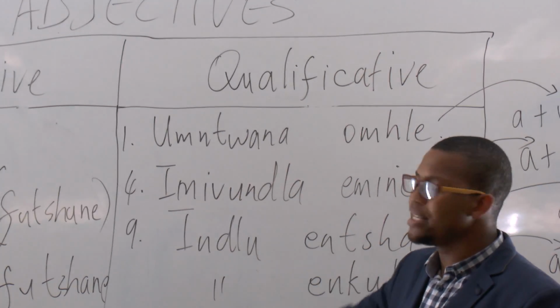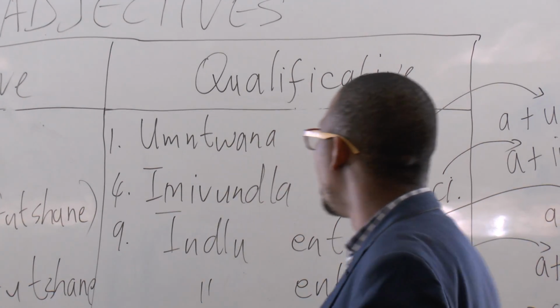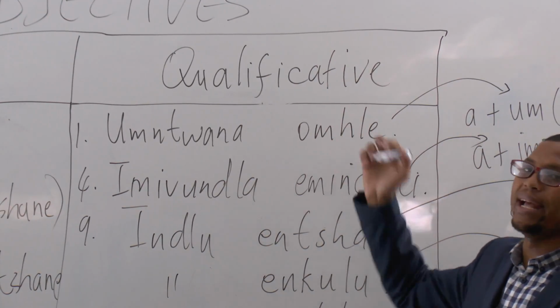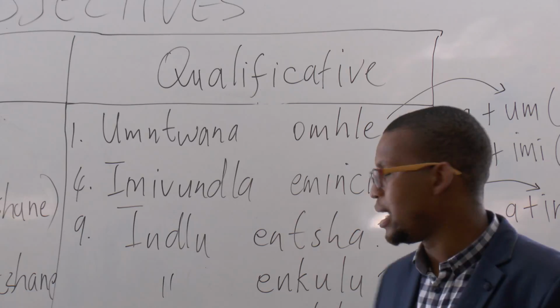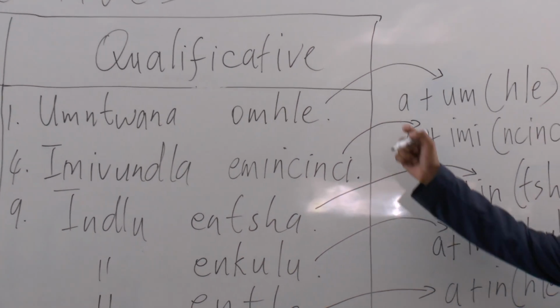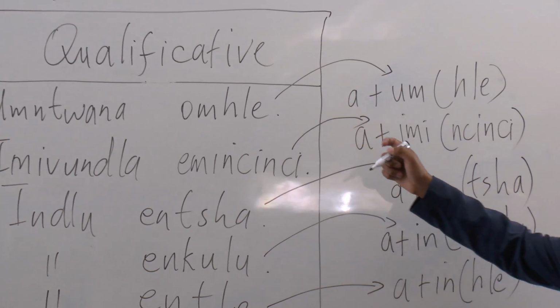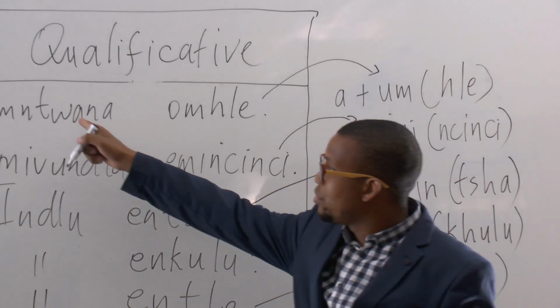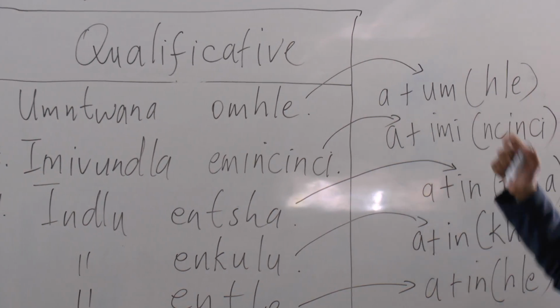In the case of a beautiful child, class 1, umntwana omhle. How do you get to that? As you can see here, we've got affirmative A followed by the actual prefix of that noun, followed by the adjective.